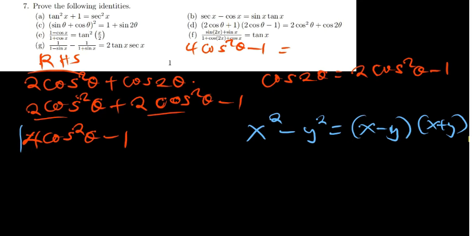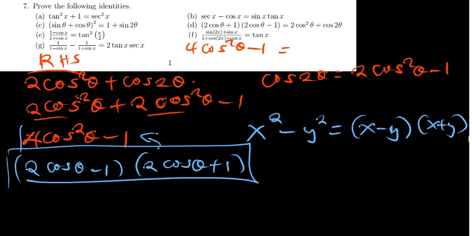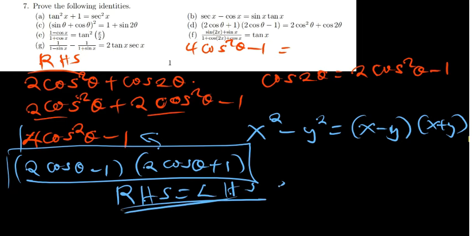So I can say my x in this case is 4. Now since this 4 can be written as 2 squared, I can say this is the same as 2 cos theta minus 1, then here is going to be 2 cos theta plus 1. When I expand this, it's going to give me that. Now the right hand side is equal to the left hand side. Hence proved. So I've proved that one.